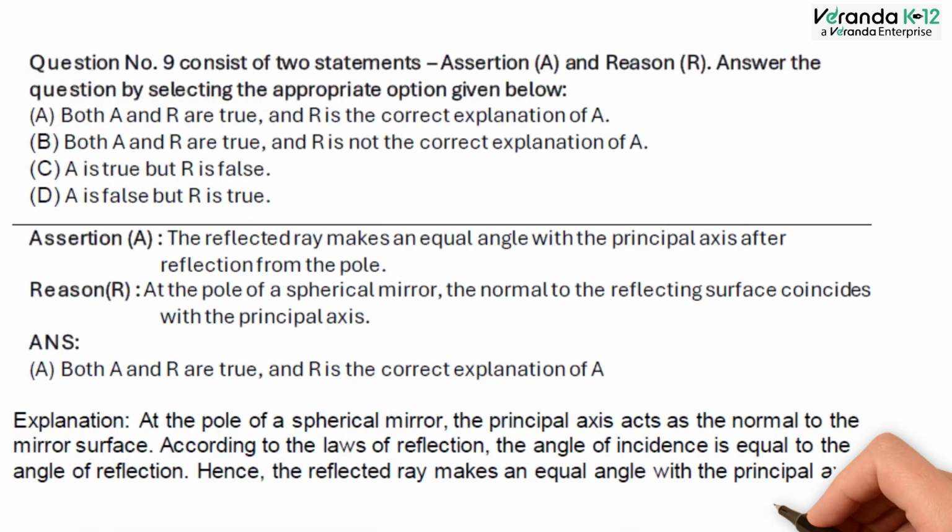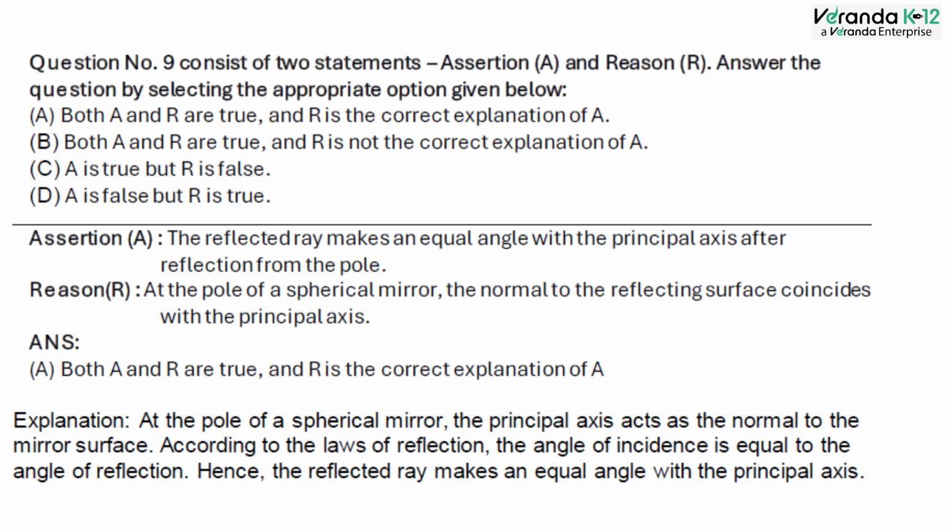Question number 9. Assertion and reason. Assertion: The reflected ray makes an equal angle with the principal axis after reflection from the pole. Reason: At the pole of a spherical mirror, the normal to the reflecting surface coincides with the principal axis.